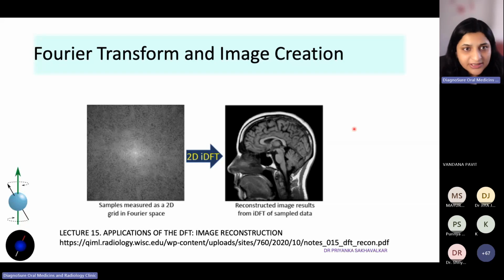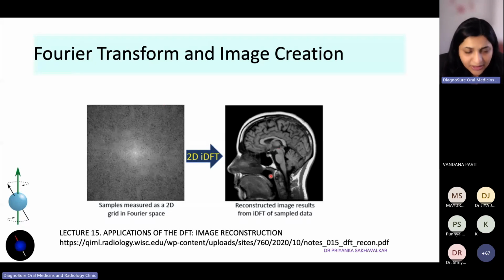Coming to Fourier transform and image creation. The data in K-space is not in the form of an image. So to convert this data to a recognizable image, the MRI system uses a mathematical operation known as Fourier transform. The Fourier transform translates the frequency and phase information in K-space into spatial domain information, turning the data into real-life images which we can identify.